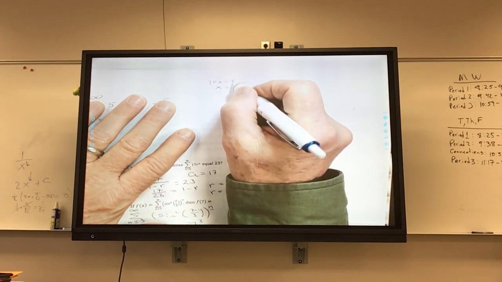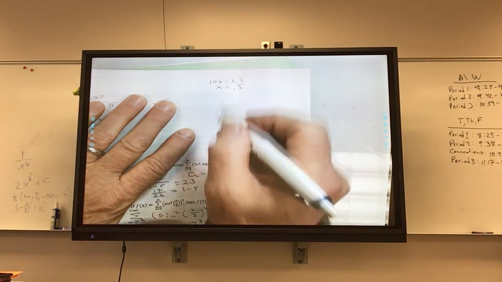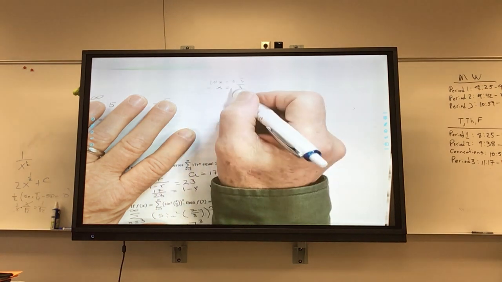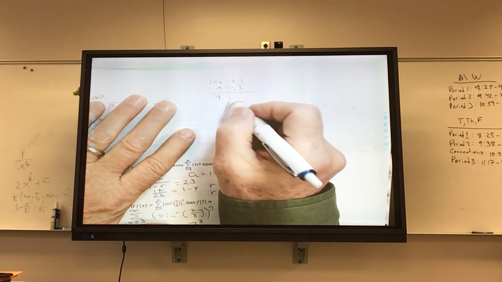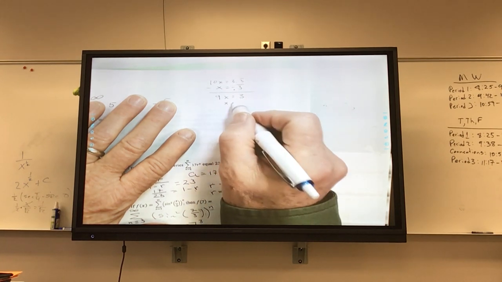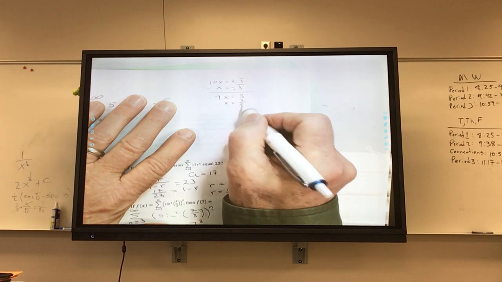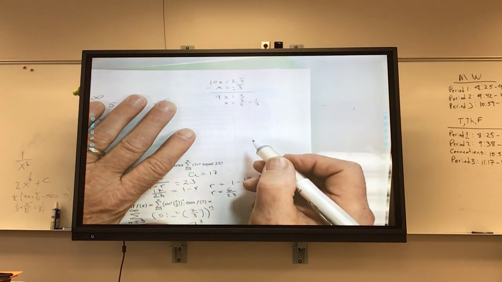So now I have 3.3 repeat. So I subtracted, and lo and behold, I get 9x here, and I got 3 here, and then I found out that x is equal to 3 over 9, which is 1/3. I thought, okay, I knew that 1/3 was 0.3 repeating.